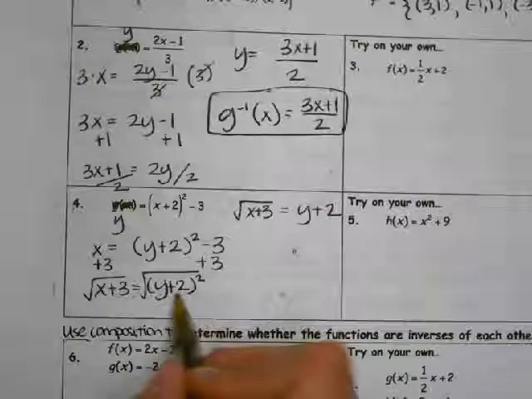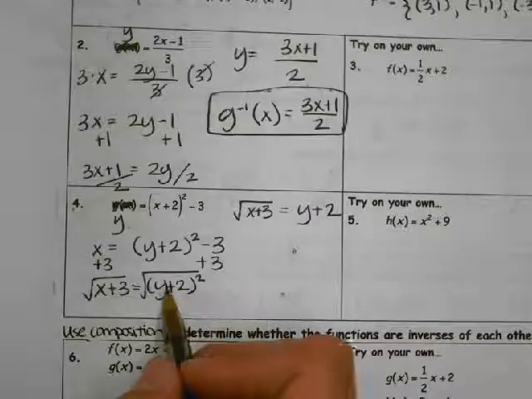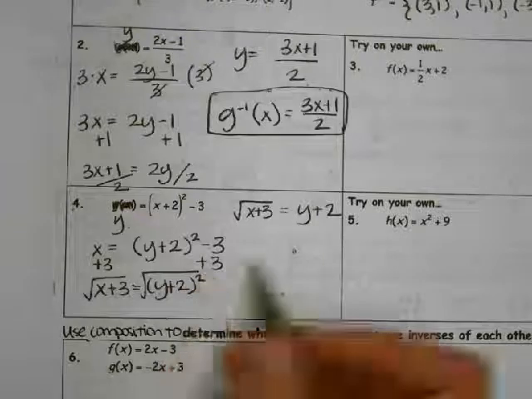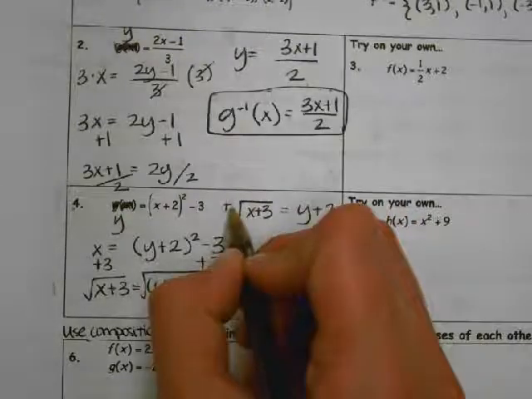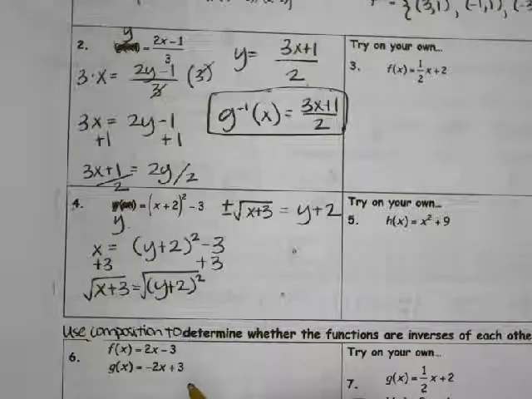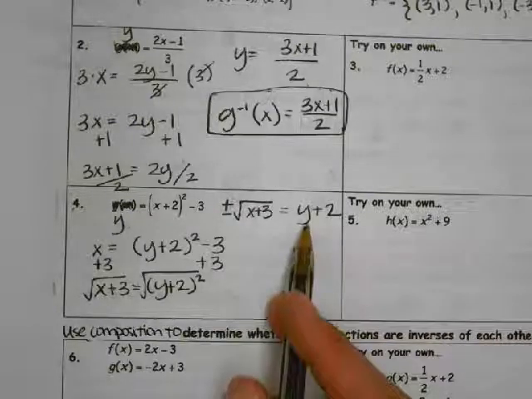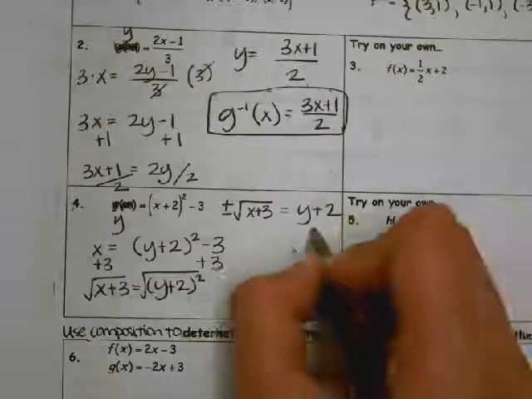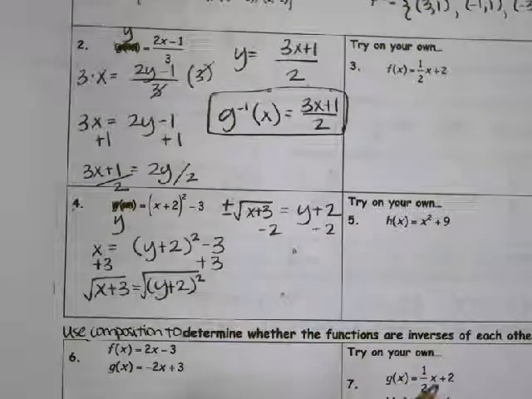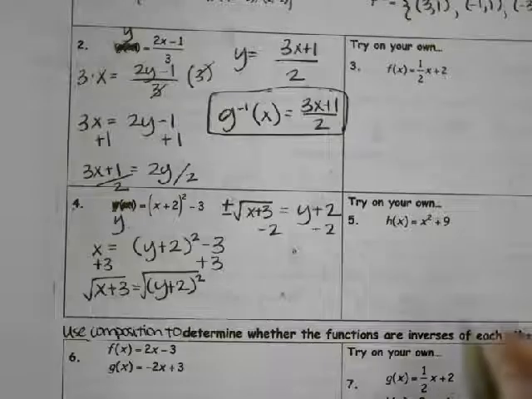Now because we did a square root to get this answer, anytime you square root as part of doing a problem, you have to put a plus or a minus in front of that. Plus or minus. Okay. And now to finish this, we have to subtract 2. And that subtract 2 does not go with the 3. The 3 is protected by that square root sign.